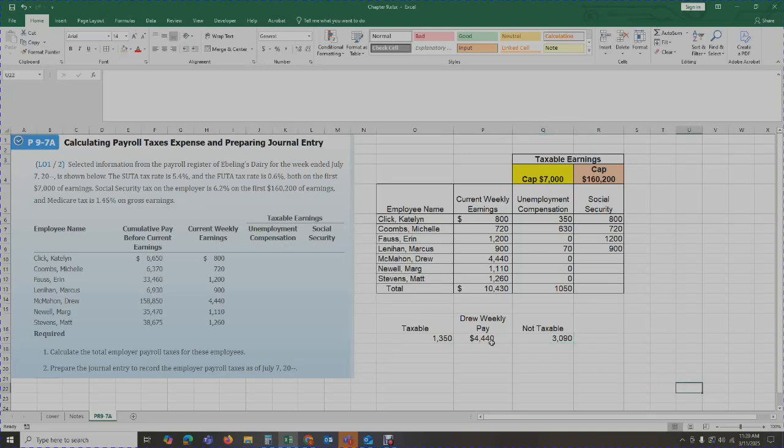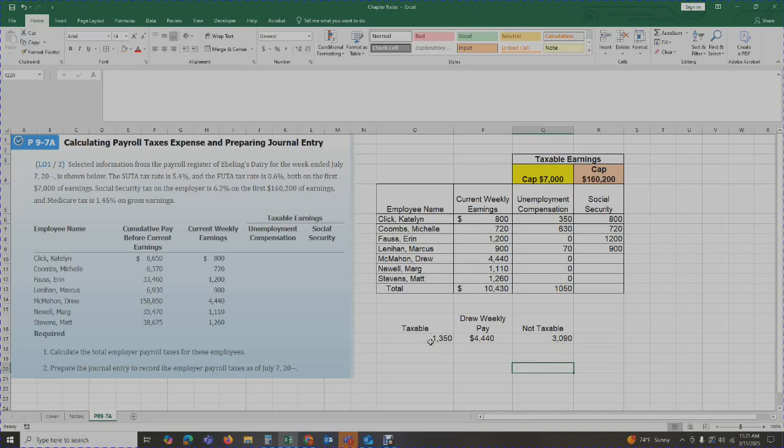So the pay is $4,440. How is that distributed? We're going to pay Social Security taxes on $1,350. We are not going to pay any taxes on anything above the cap of $160,200, which is $3,090. So we're splitting Drew's pay between the taxable and the non-taxable portion. Now I am concerned about the taxable.